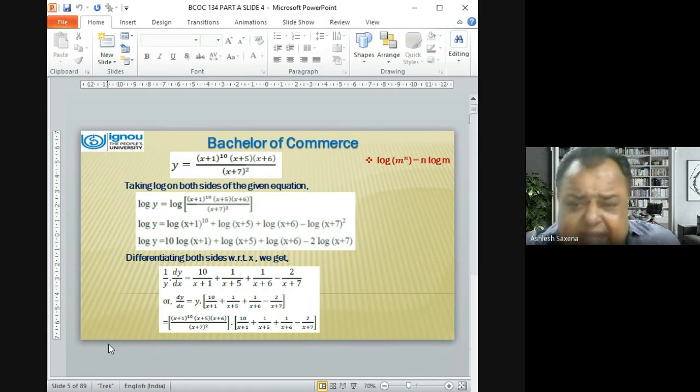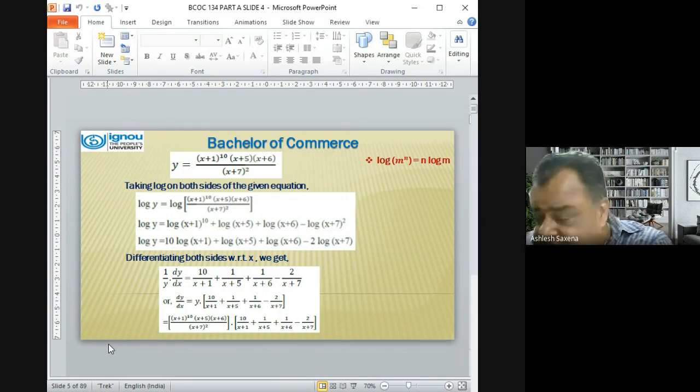You can see that in the numerator form there are three functions which are in multiplicative form. When we apply log on multiplicative functions, it becomes log m plus log n. There are three multiples, so individually we will be applying log and putting up addition sign.